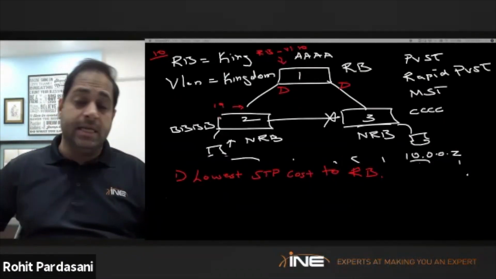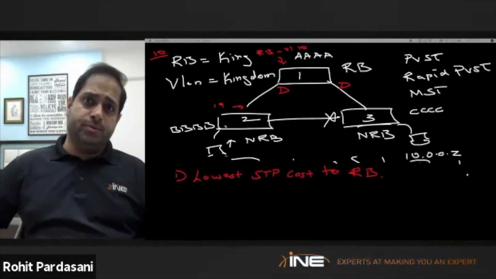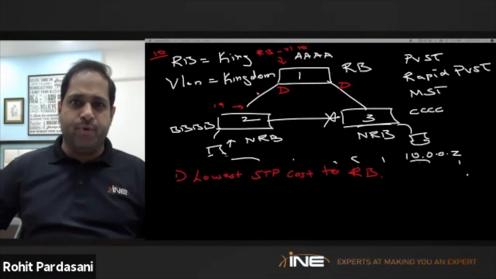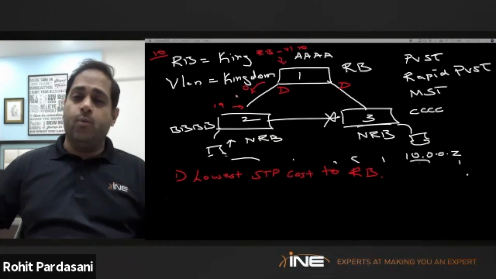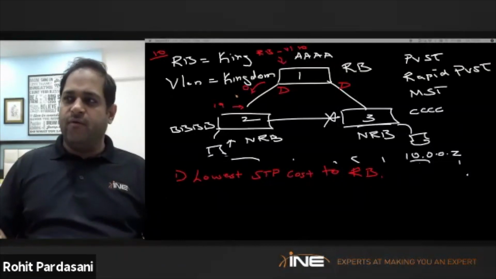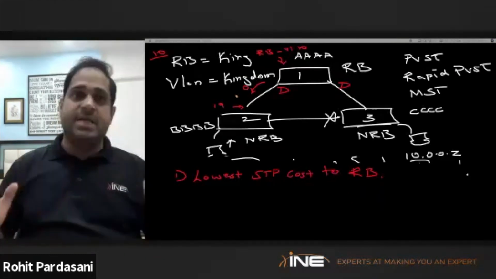It's going to be 19. What is switch 1 going to advertise to switch 2? A cost. He himself is the root bridge, right? So he would advertise a cost of 0, which means total cost for switch 2 to reach switch 1 on the direct link is 19 plus 0, which is 19.